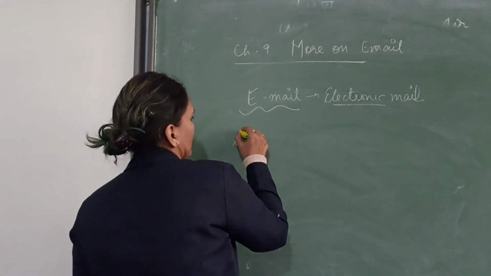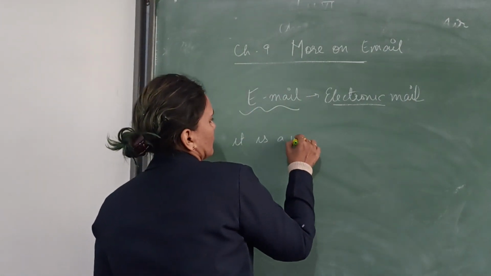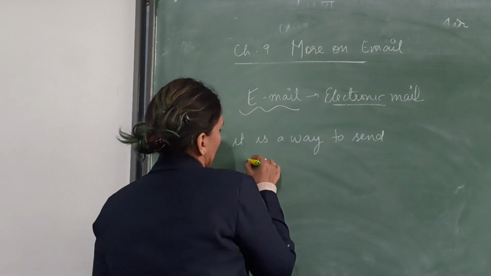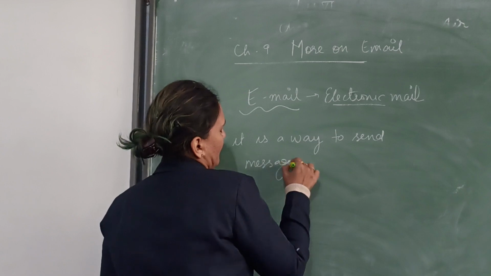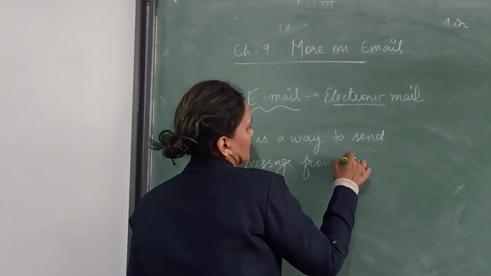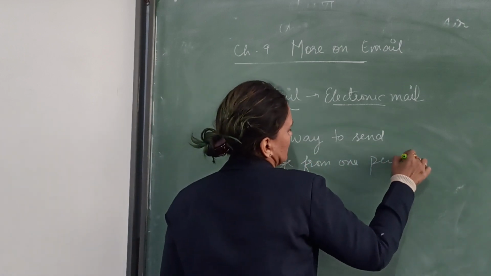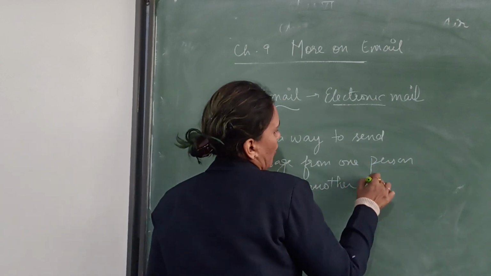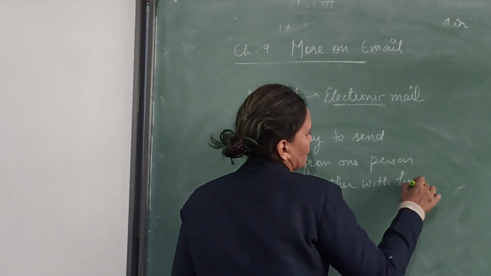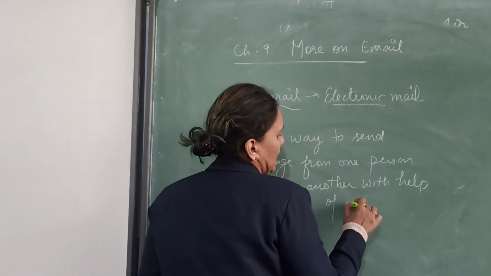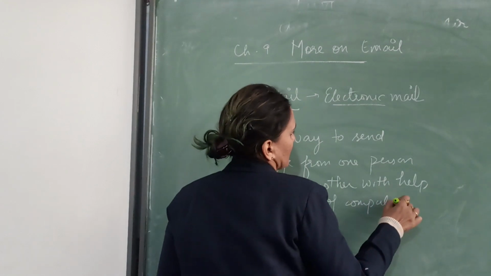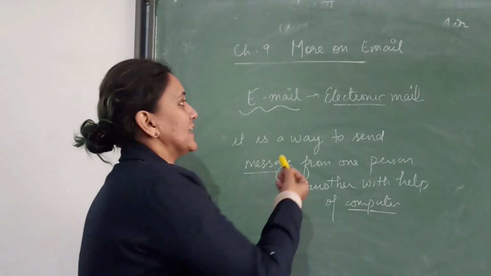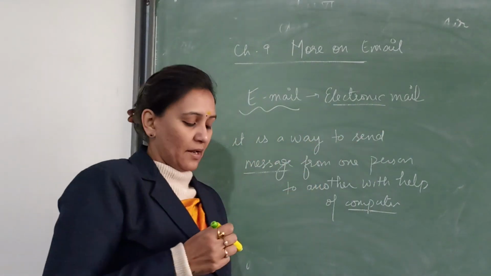It is a way to send a message from one person to another person with the help of computer. That is the most important thing. We are sending messages, but it is with the help of computer. That is why the word tells it is electronic mail, right?